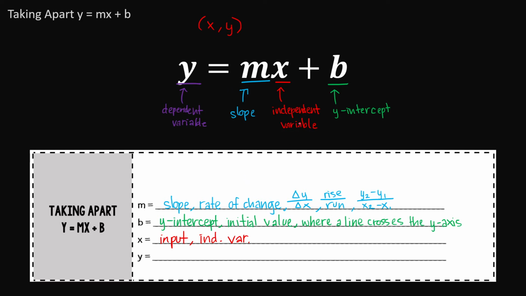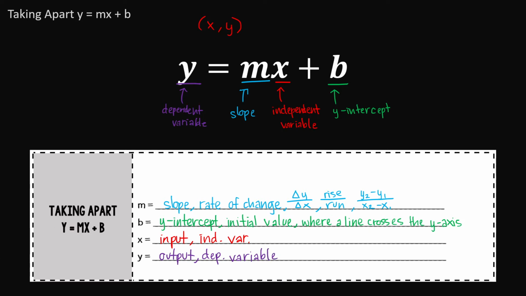So it's basically the same thing. X, the input, changes and completely affects the output. So y is the output, and we also call it the dependent variable, like so.